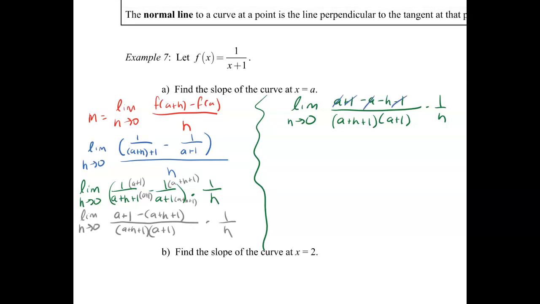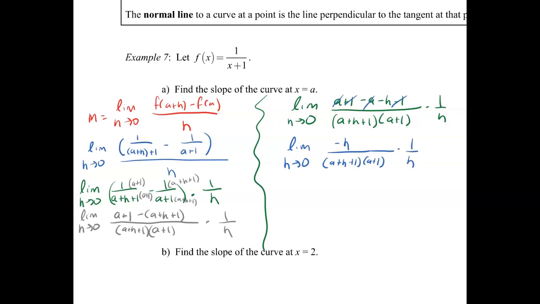I should get my 1's to go away. So now all I'm really left with is the limit as h goes to 0 of negative h all over a plus h plus 1 times a plus 1 times 1 over h.